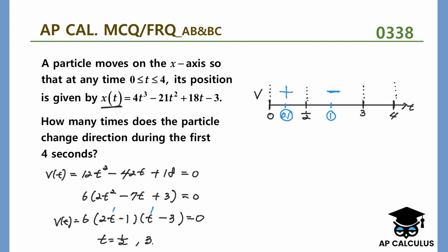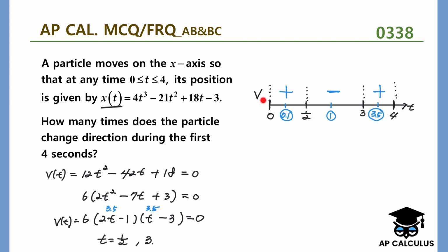If we substitute 3.5, then that's going to be positive, right? Here, 3.5. This is a positive. This is also positive. Positive times positive gives us positive. So far, so good. So the velocity changes its direction when t is equal to 1/2, right?